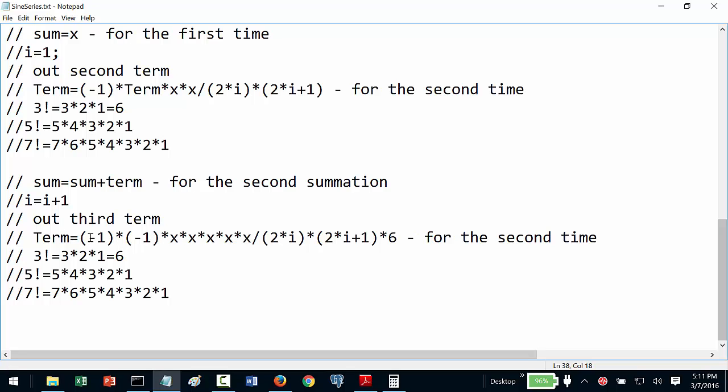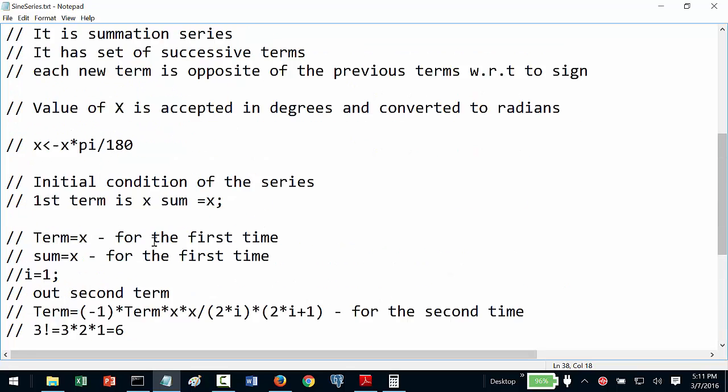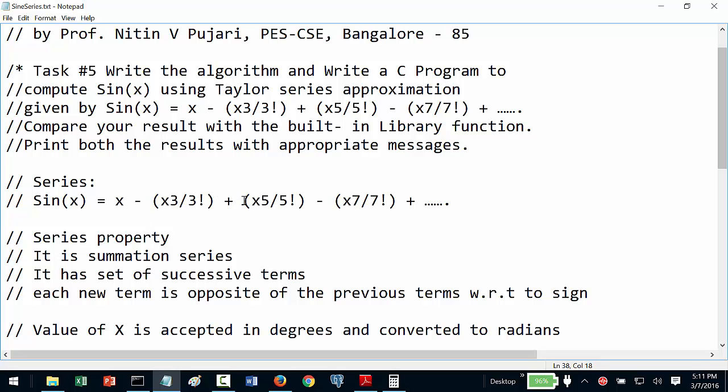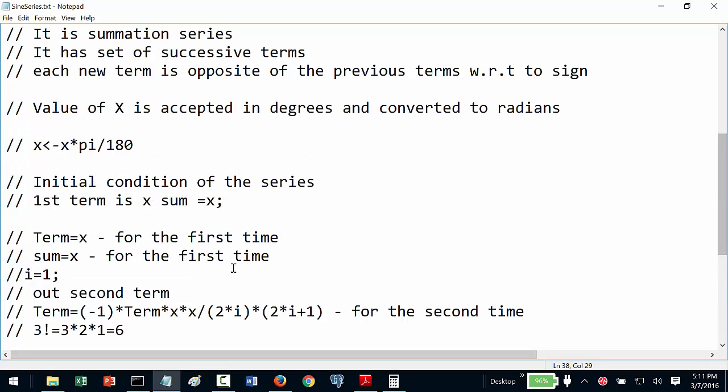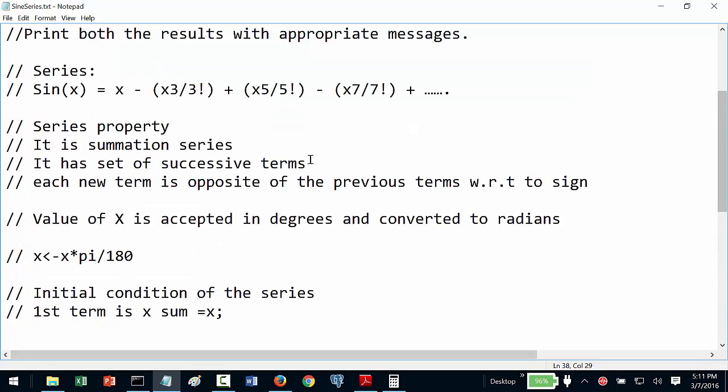Now minus 1 and minus become plus. So my third term, if you look at this, is plus x to the power of 5 by 5 factorial. This is x to the power of 5. 4 into 5 is 20, into 6 is 120. So this becomes my factorial of 5, and I'll get x to the power of 5 by 5 factorial.